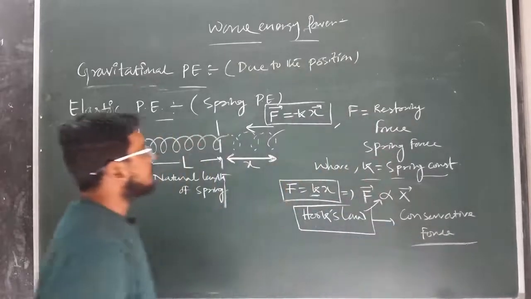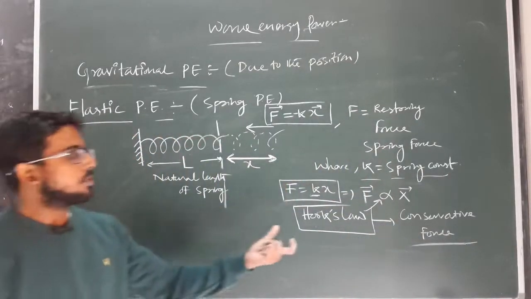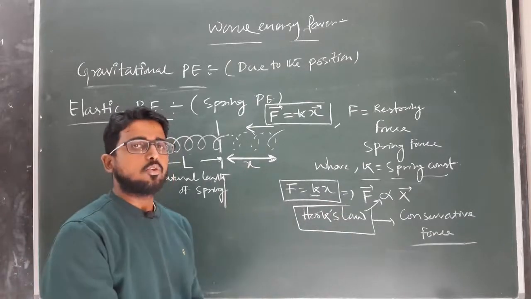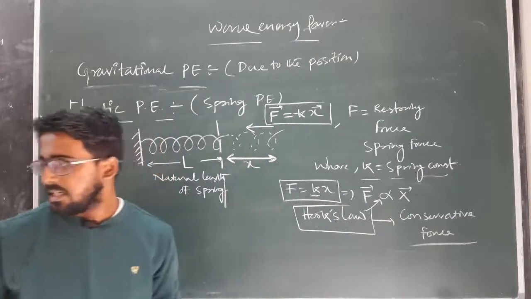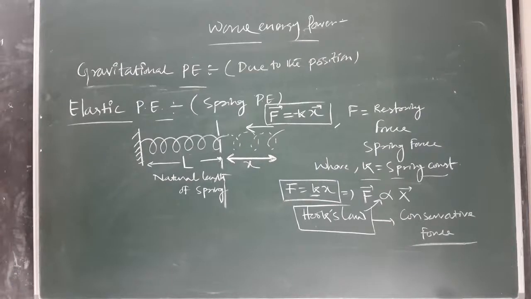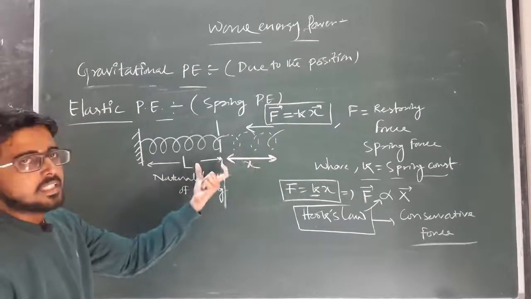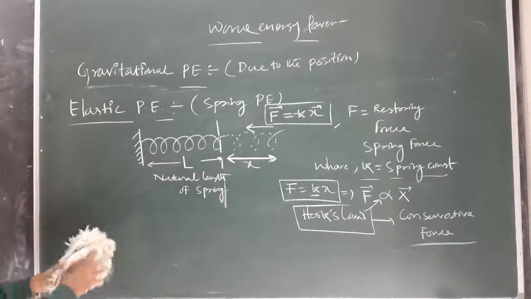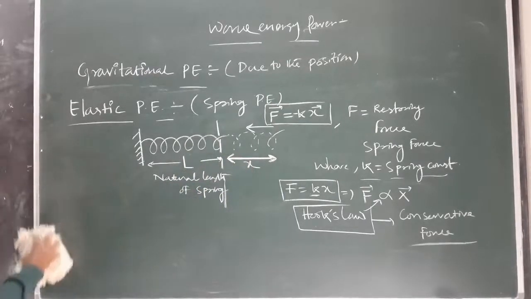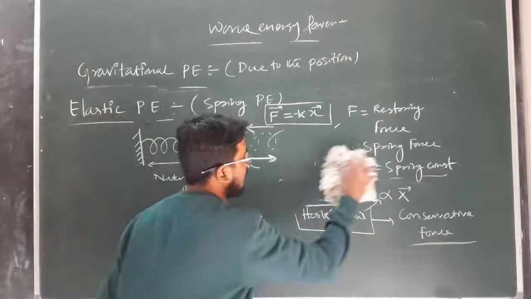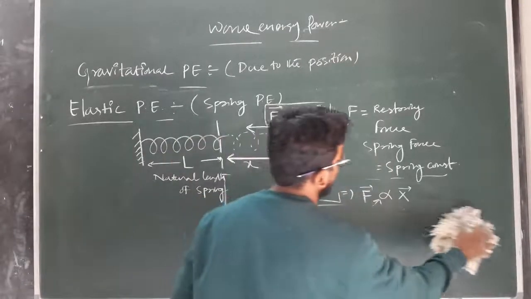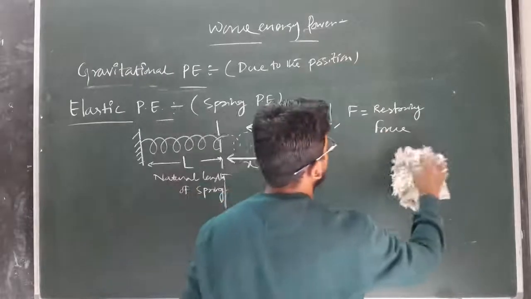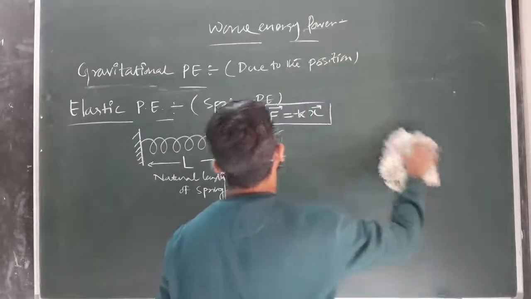Okay, so as this is a conservative force, this force has the ability to store work in the form of potential energy, and this potential energy stored within the spring is due to its change in shape or size, that is, due to change in its configuration. That's why it is known as what? Elastic potential energy. So now we are going to calculate the amount of potential energy stored within the spring due to its change in configuration, shape or size.